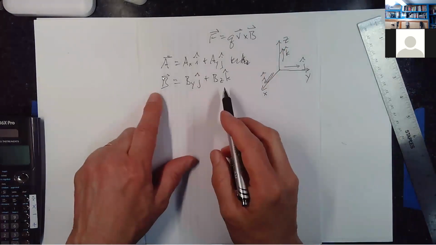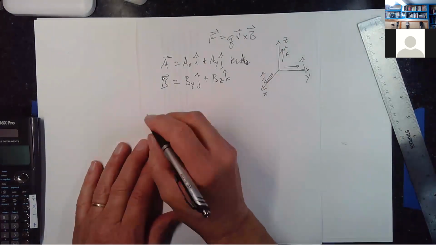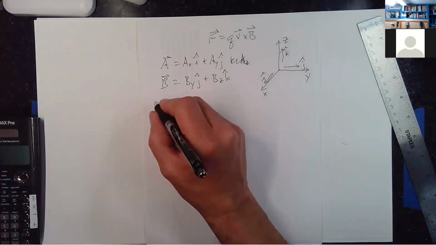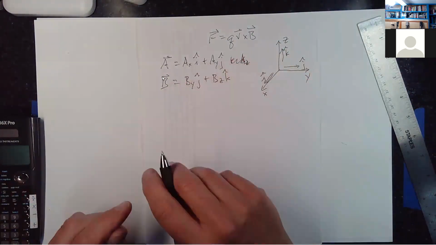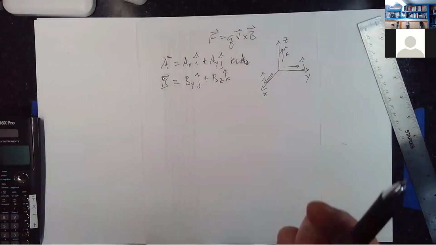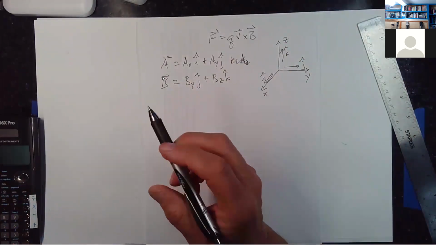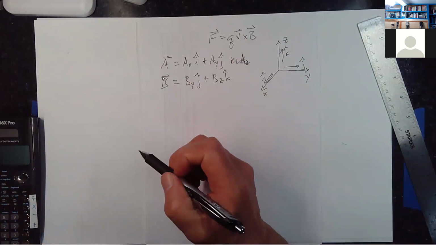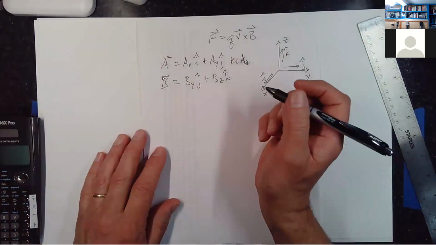Okay, now if we imagine the cross product of these 2 vectors, there are some properties that we can deal with, like the distributive property, I think.